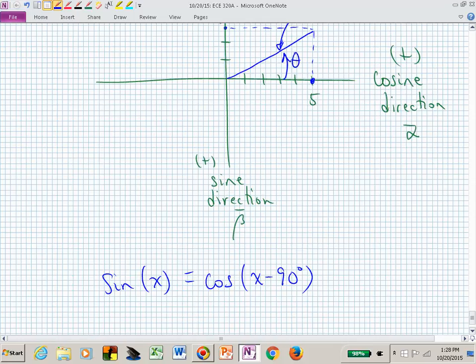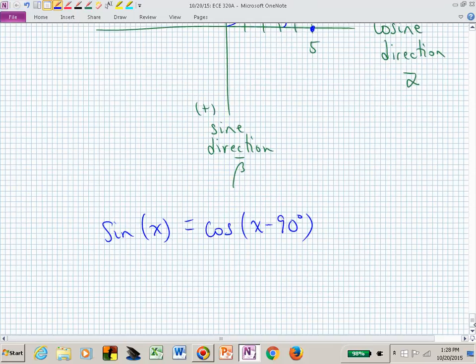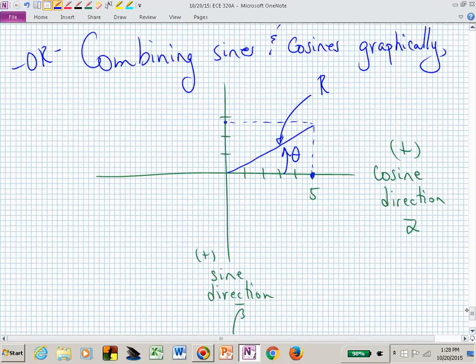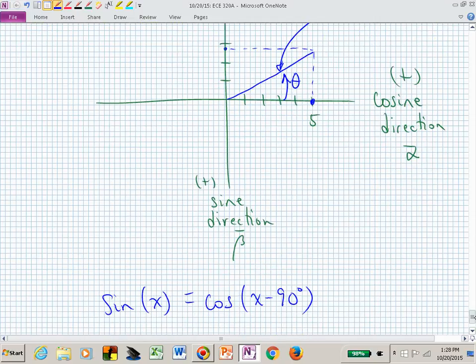Maybe I should have done it the other way in terms of cosine, but if you take the cosine of that angle, or if you subtract 90 from that angle and take the sine, you will get the same answer.